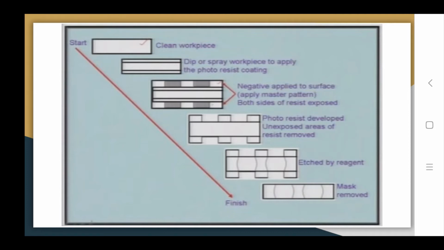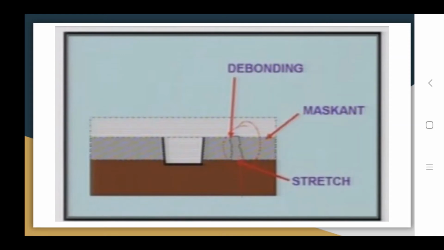Now, what happens is that sometimes debonding takes place, which means you have applied maskant, but somehow that maskant cracks, or it is not properly adhered, and there is a way for the etchant to go and react with the workpiece through that particular area also.